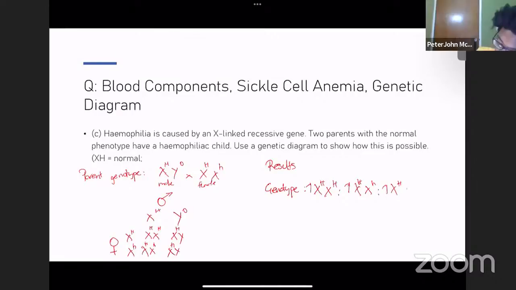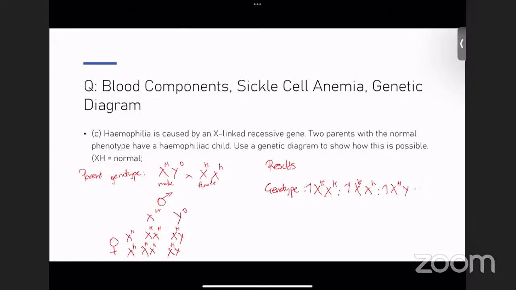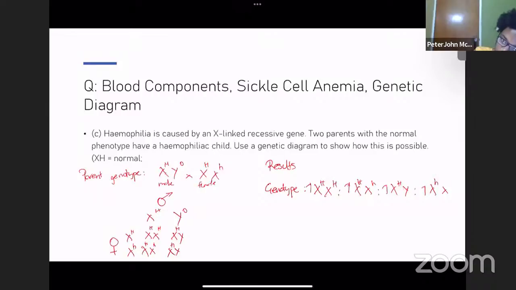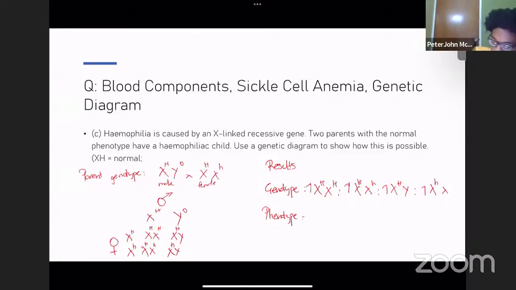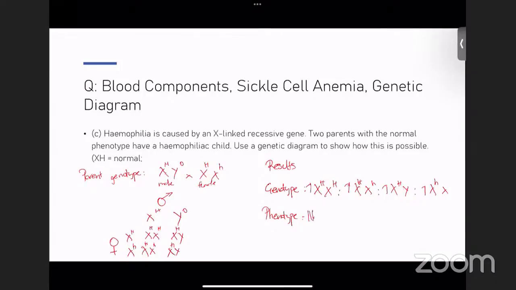And then, yeah, 1 XY again, common H. All right, so what next? Phenotype. So what's our first phenotype? Normal female.